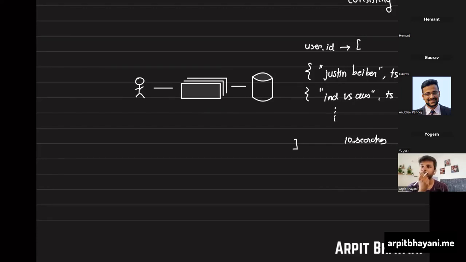So let's say I have a list A, B, C, D, something like this. Now I search X last. Then I need to remove the bottom item and put it on top. So from that perspective, it looks like we should have these 10 values saved per user ID.